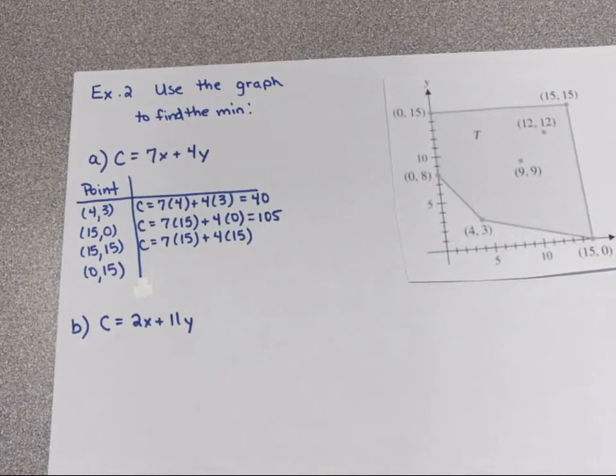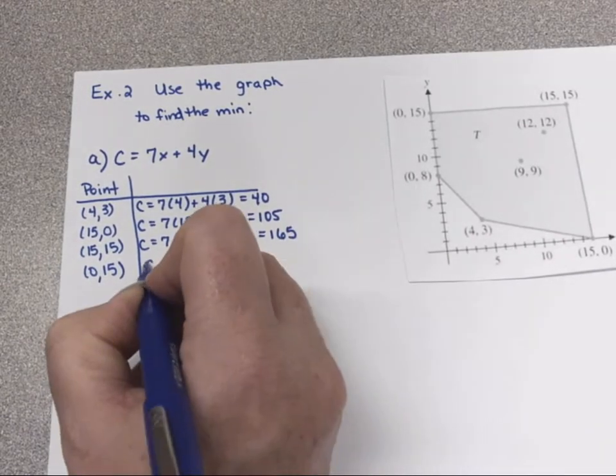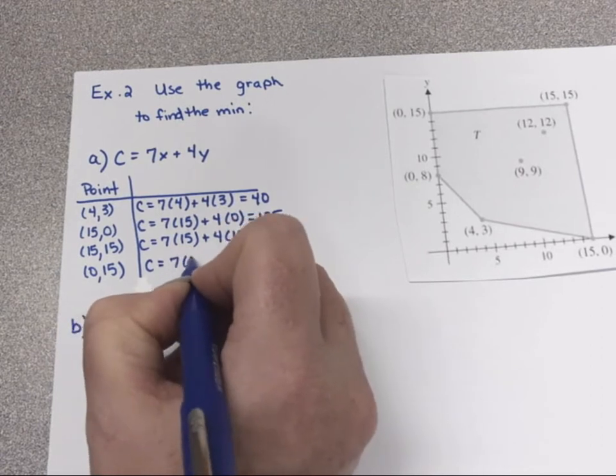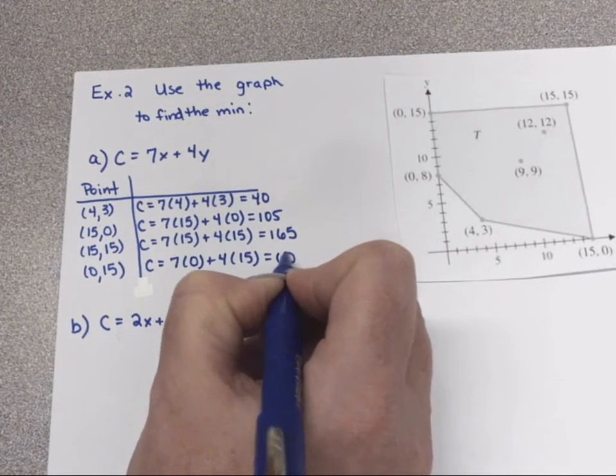So that's going to be the 105 plus 60, so 165. And then lastly, 7 times 0 plus 4 times 15 is 60.